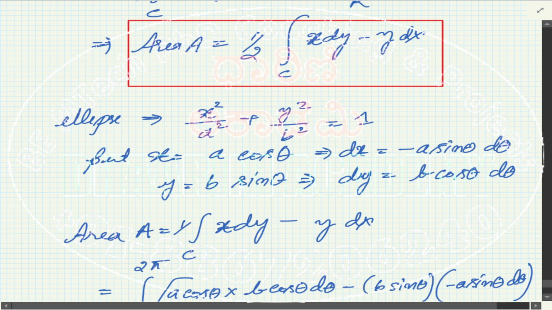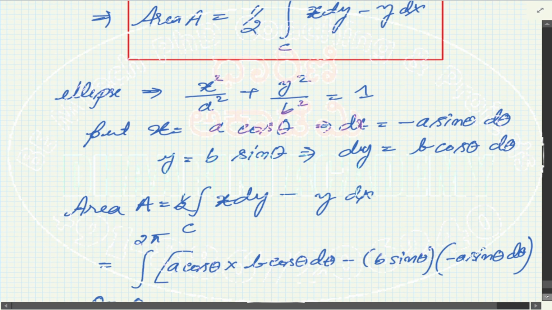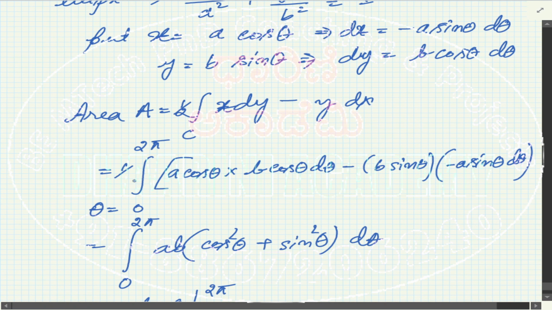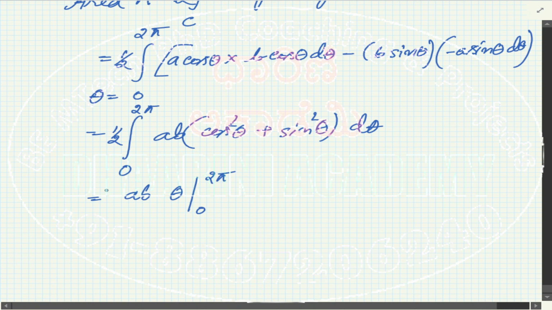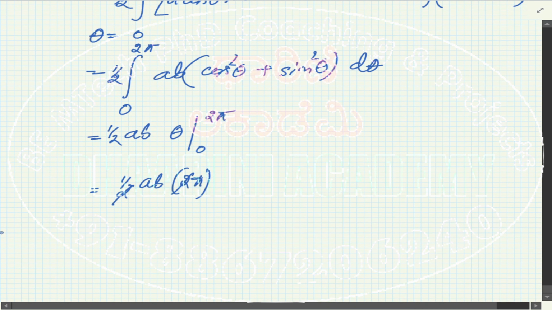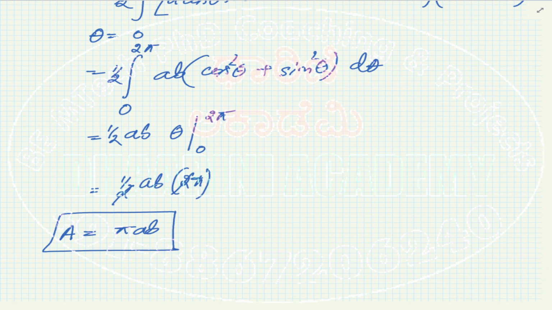So there is a 1 by 2 at the end, please correct. So this is half ab into 2 pi minus 0. So the required area of the ellipse is pi ab. So that's how we find the required answer.